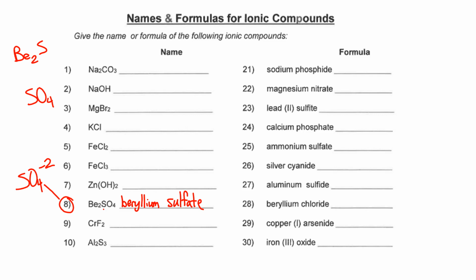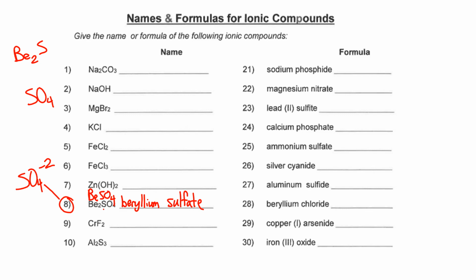That one is actually wrong on the face, because beryllium always makes a +2, and sulfate is a -2, so it should just cancel out. But I'm not going to pick on that because that's their sheet, whatever they want.